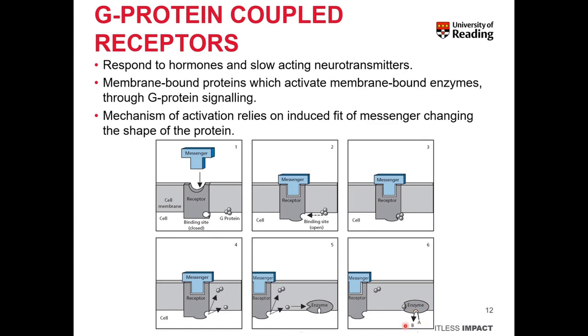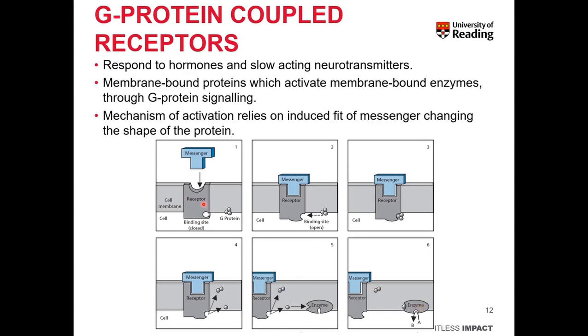So essentially in this situation we have a two-stage messenger. We have our external messenger, which is our molecule that binds into the binding site on the outside of the cell, and then we have the processed G-protein to act as a messenger inside the cell to activate membrane-bound enzymes. Both the activation of the receptor and the activation of the enzyme rely on induced fit.